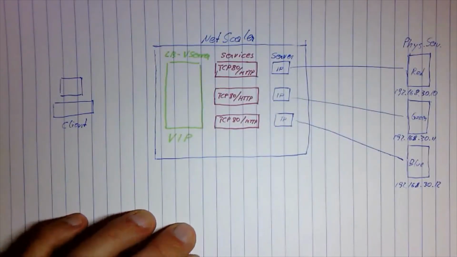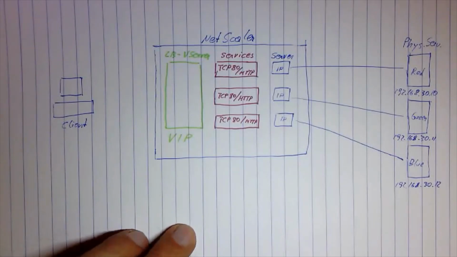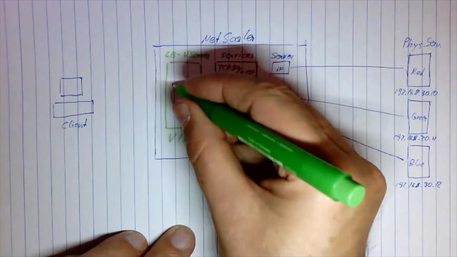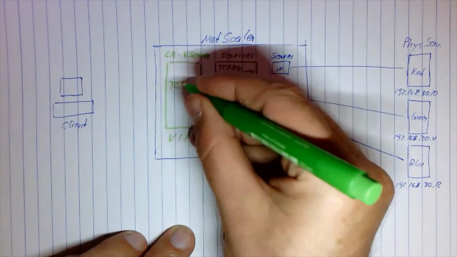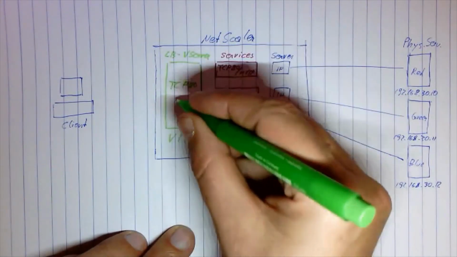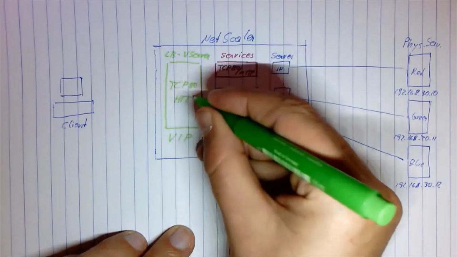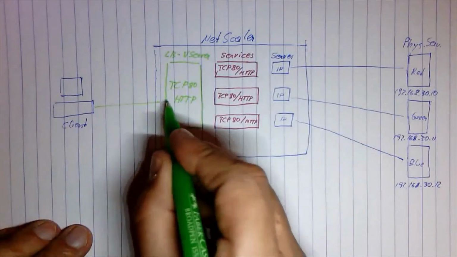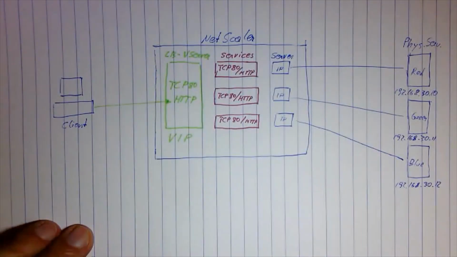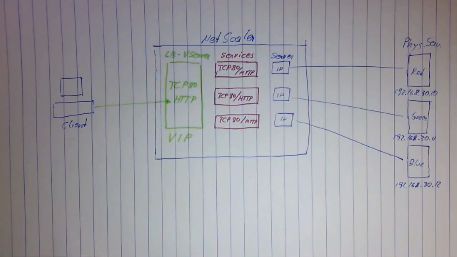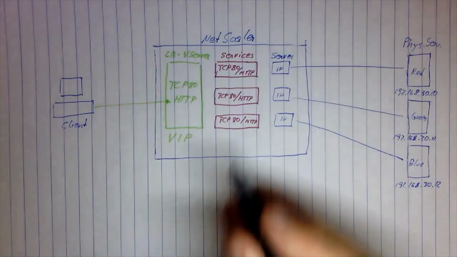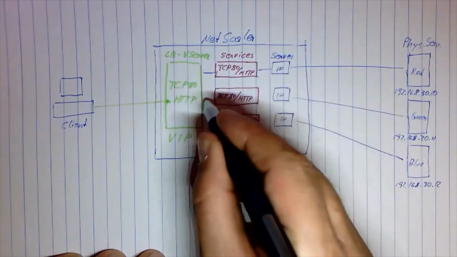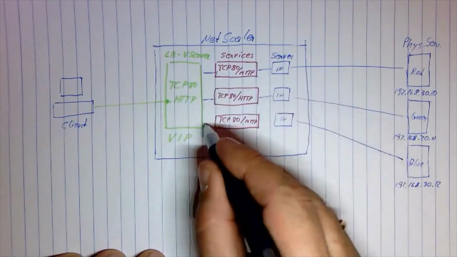The load balancing vServer, of course, has the virtual IP address and again a port, TCP port 80, and the protocol HTTP. Now the client will connect to the virtual IP address. The load balancing vServer will make a load balancing decision. We will go into this and select one of the services. The service points to a server, and so the user will see data.